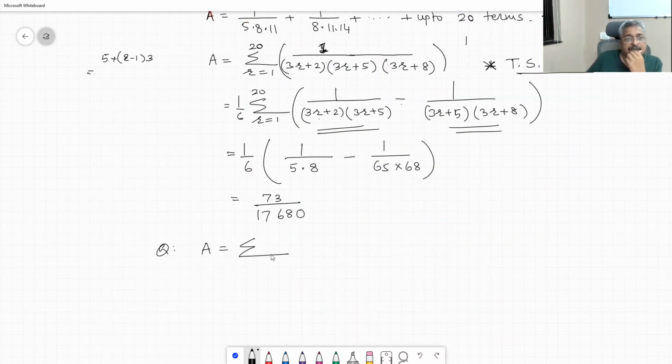A is sigma, r goes from 1 to 10, 1 upon r square plus 2r. Now, this is where I am increasing the difficulty level of the problem, and I want to see how you deal with it.